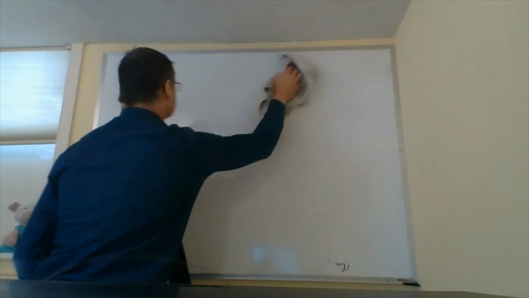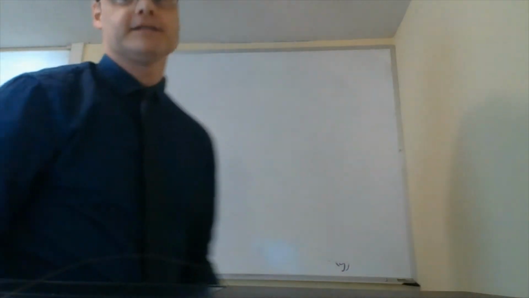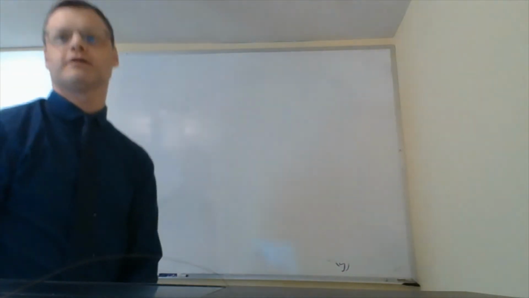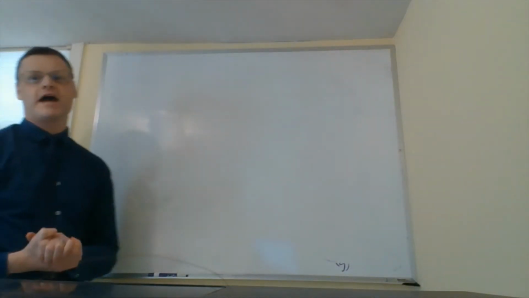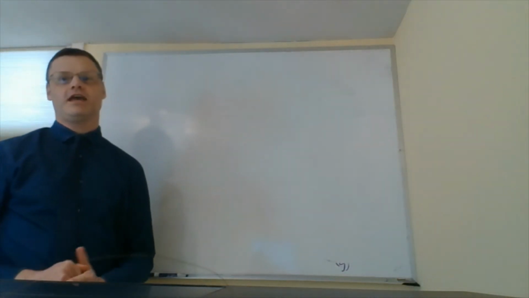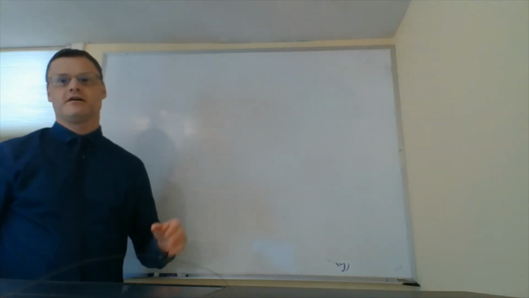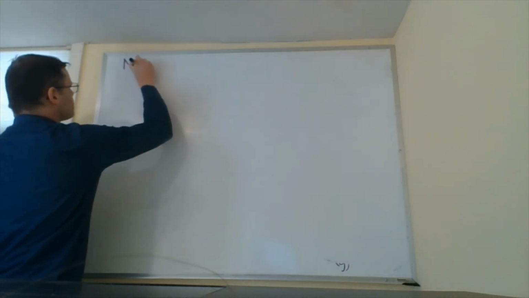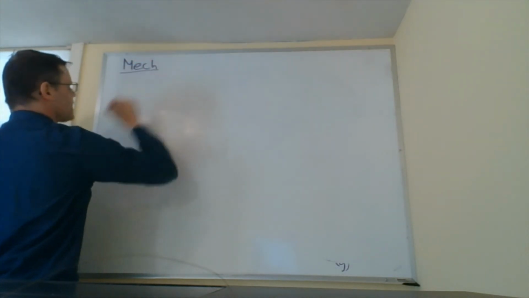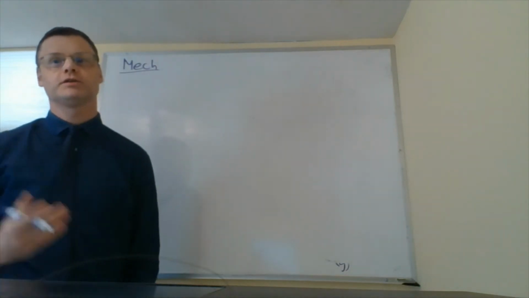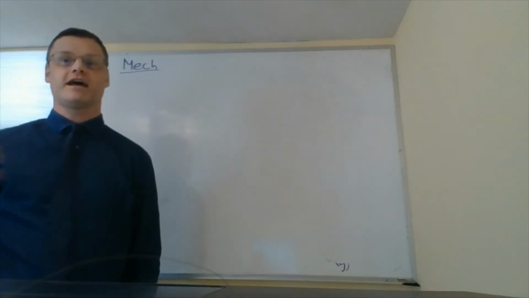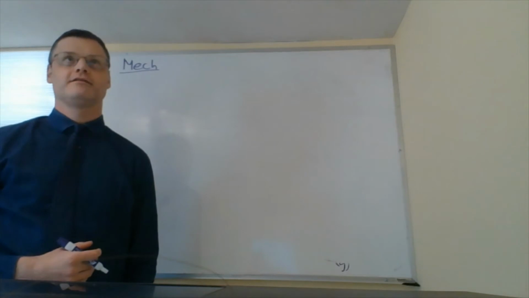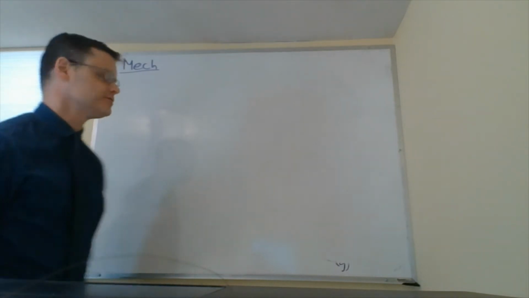Okay, so let's look at a mechanism of this reaction. Essentially what we are doing here is two back-to-back nucleophilic acyl substitutions. The first one is going to make oxygen a good leaving group, and then in the second substitution, we're going to substitute out that leaving group.